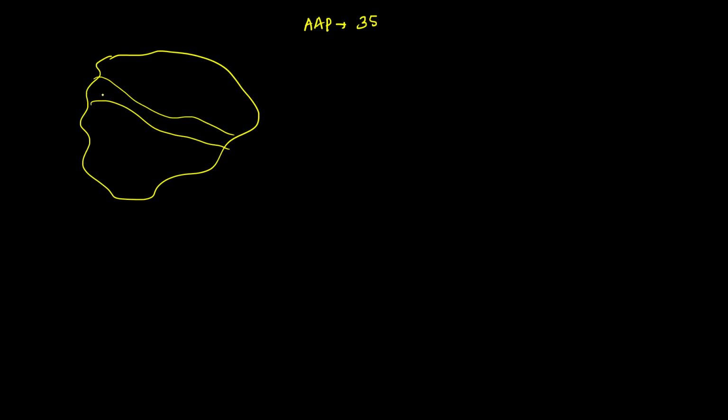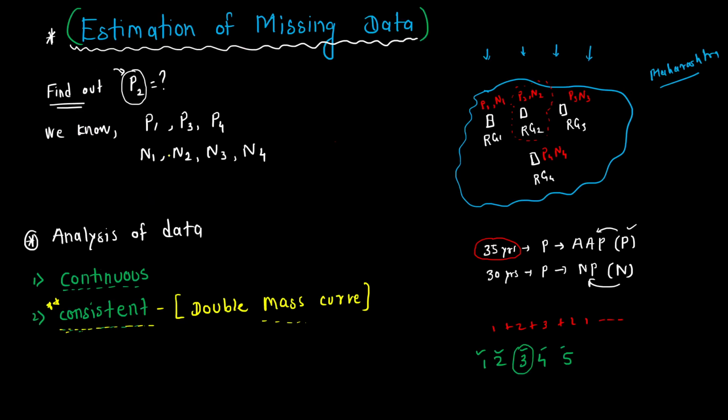Initially there was no road going through our area, but now there is one road going through the area. Due to this inclusion of the road in our area, there will be a certain change in the data pattern. So to achieve consistency, or to bring the present conditions in line with the previous conditions, we will use this double mass curve. So that is the meaning of consistent. These are the two important things required for analysis of data.